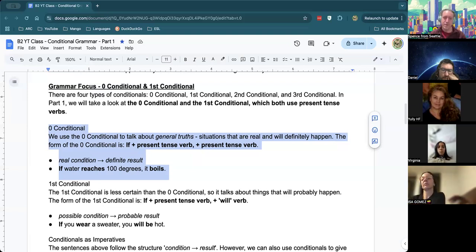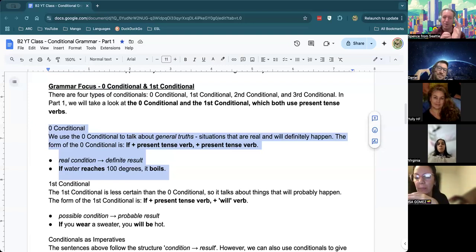So with the zero conditional, we're talking about things like the earth spinning around the sun, like when it rains, it gets wet. We're talking about things that are undeniably true. But we can also use zero conditional if it's something that always happens, like when I eat a hamburger, I always get sick.